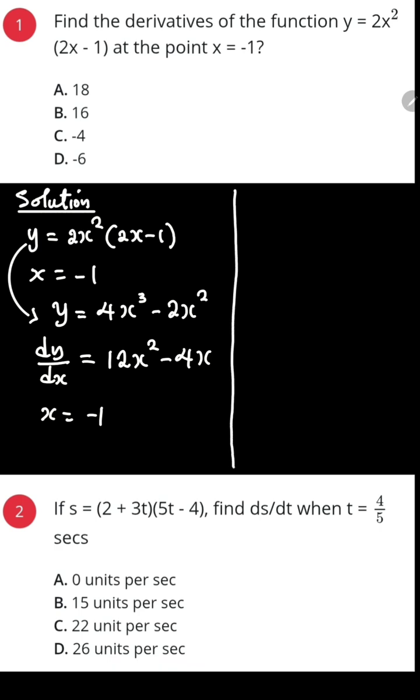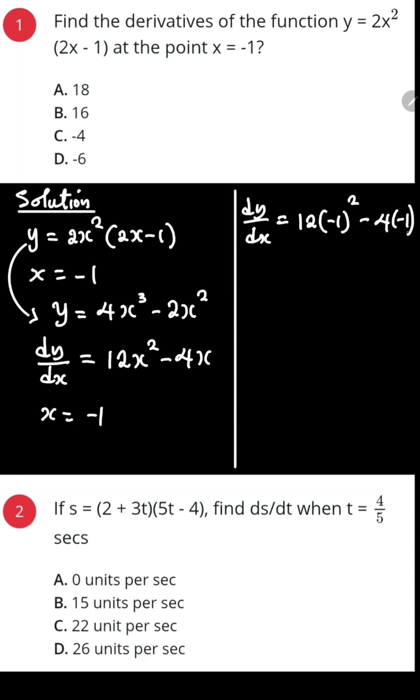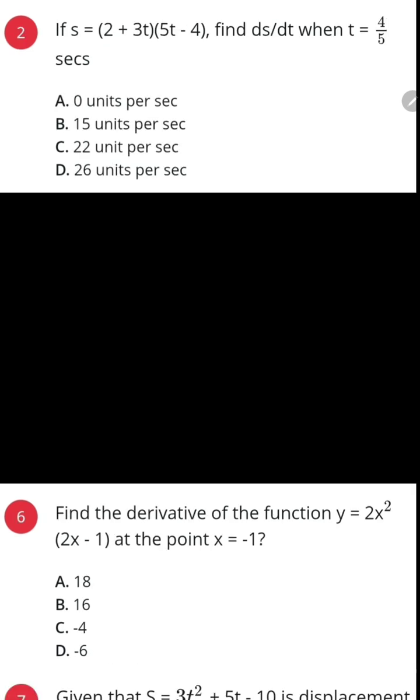So I'm going to find dy by dx by substituting x equals minus 1. This is going to be 12 into (minus 1) all squared, then minus 4 into minus 1. Now dy by dx, which is the gradient, is going to be 12 plus 4. So the answer is 16. So that is how we do it. We pick our answer, which is B, 16.